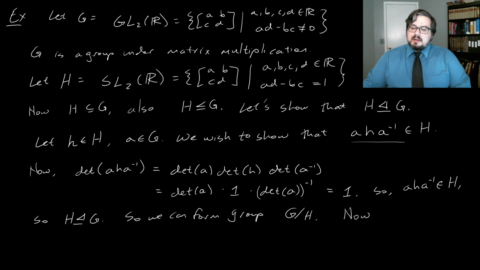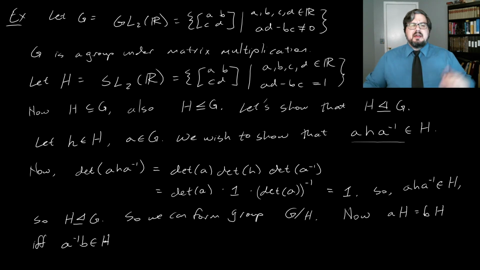So now we have that AH equals BH. Remember, this occurs if and only if A inverse B belongs to H. We had this back when we were looking at cosets of groups.